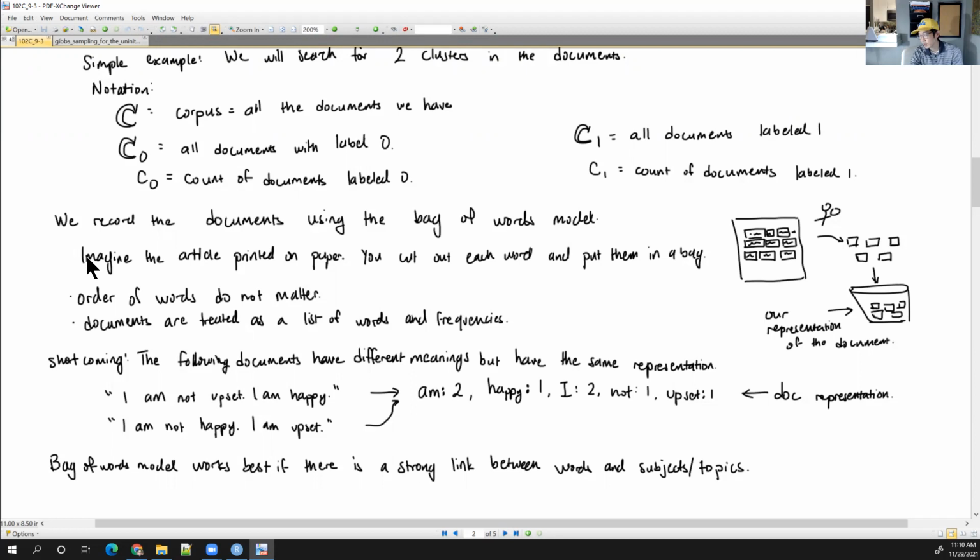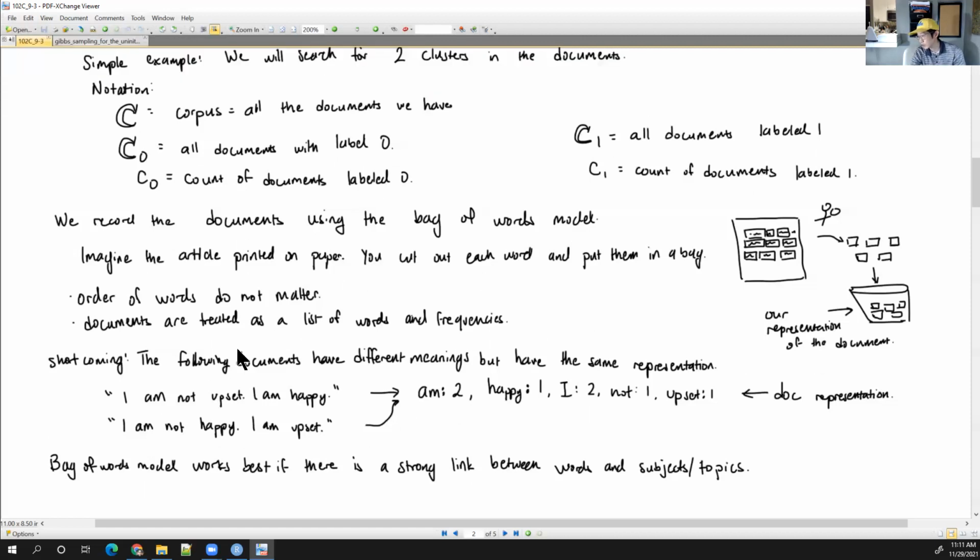So just imagine, again, the article printed on a piece of paper. You're going to cut out every single word. You put all those words into a bag. And in the bag of words model, the order of the words doesn't matter. Documents are just what words appeared and the frequency of each word.